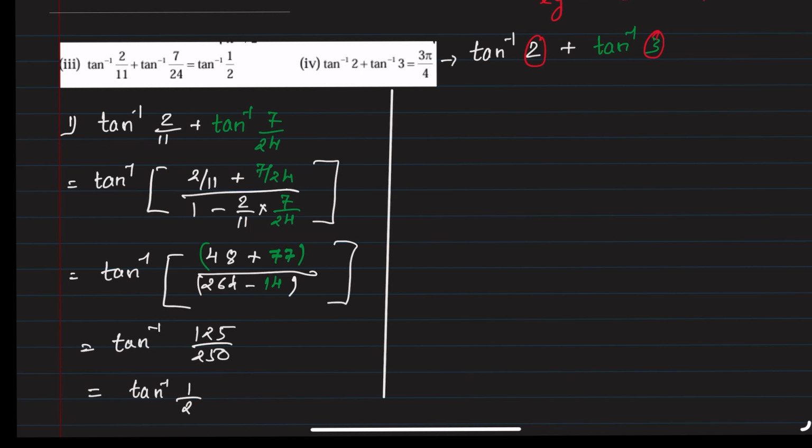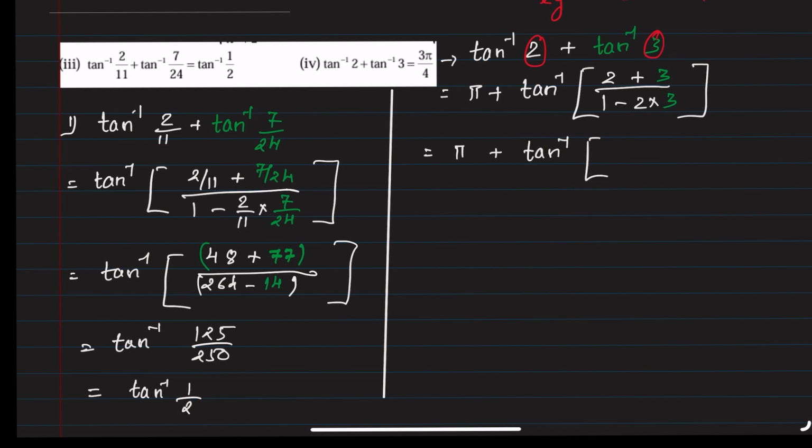When xy is greater than 1, this should be equal to pi plus tan inverse, same method, 2 plus 3 upon 1 minus 2 into 3, which is equal to pi plus tan inverse, 2 plus 3 becomes 5, 1 minus 6 becomes minus 5. So this is equal to pi plus tan inverse of minus 1.